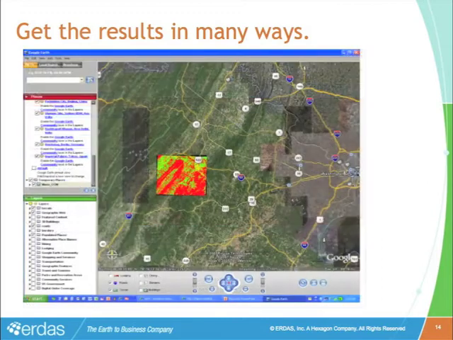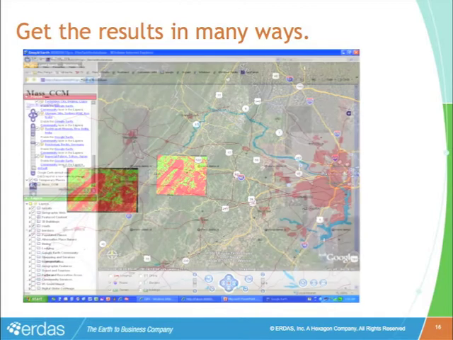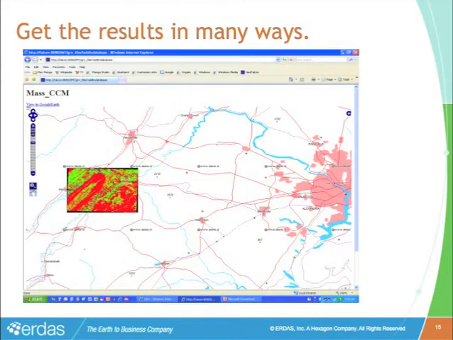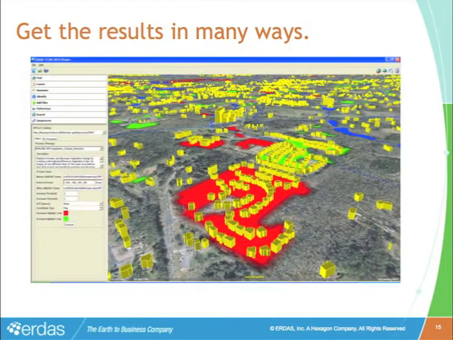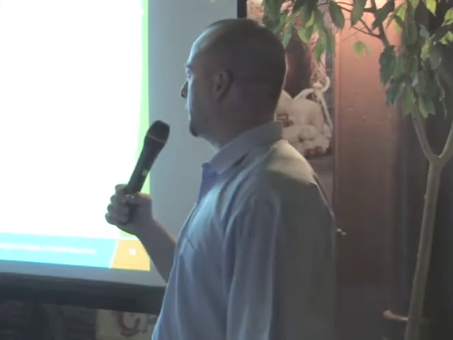You can maybe throw it into something like Google Earth, and look at it with the background imagery. You can also open it up in any kind of OGC compliant web client. Or in this case, we're opening it up in our Titan 3D client, where you can actually execute the model as well, or in a mobile client.